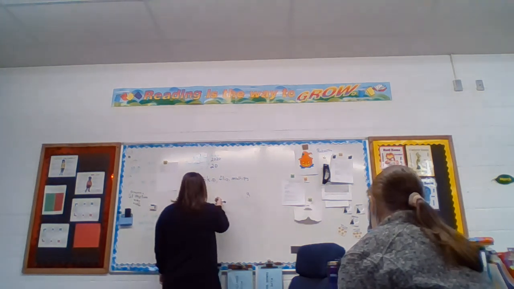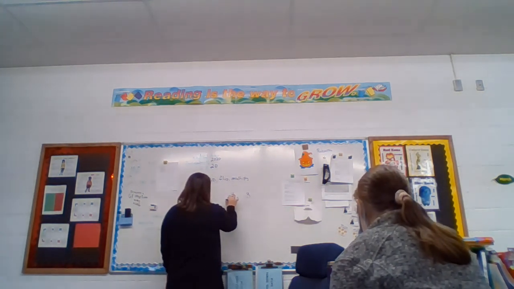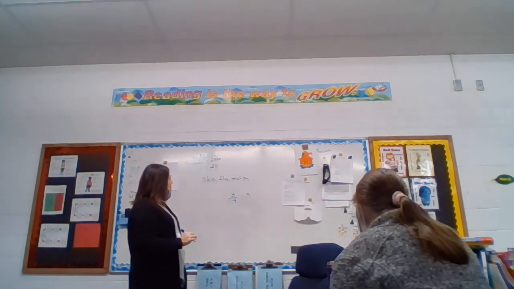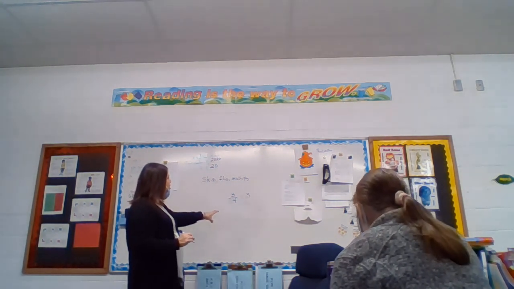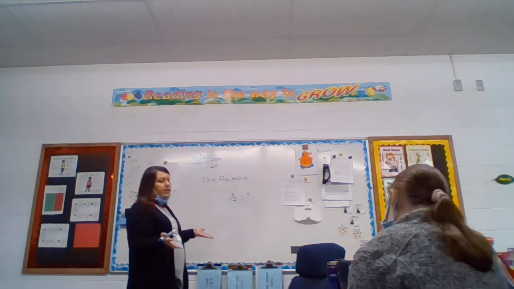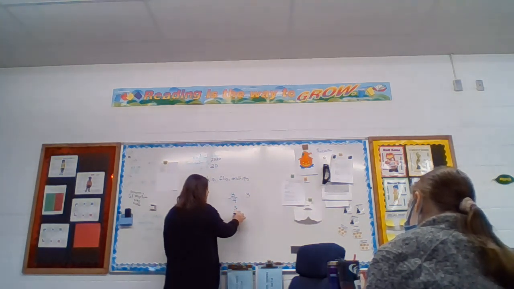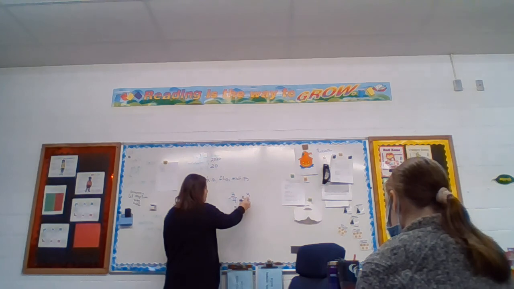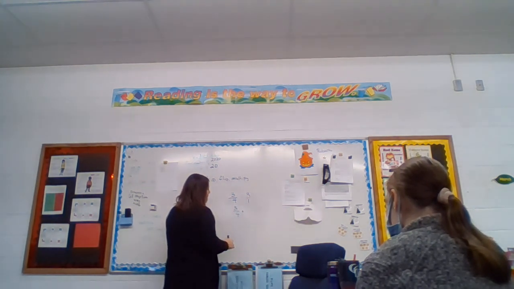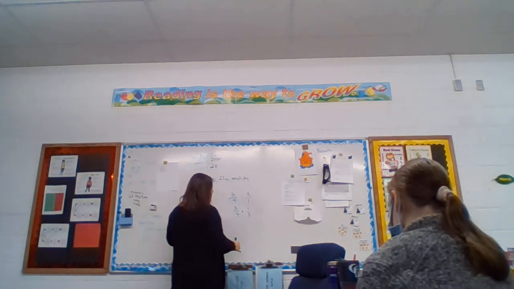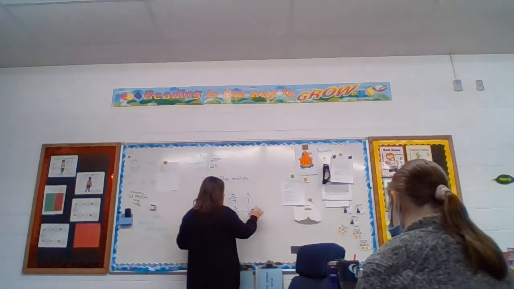So let's just say the sugar. In order to find out how much sugar you needed, you're going to do just like we did when we cut it in half, except now we're doing thirds. So we would take 3/4, change this to multiplication, and do what with this number? 1/3. So what's 3 times 1? 3.